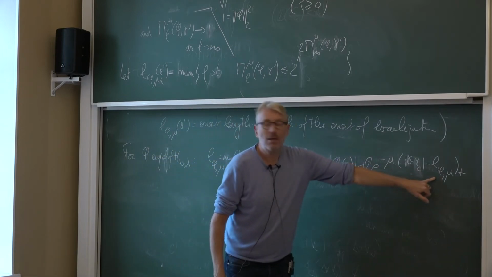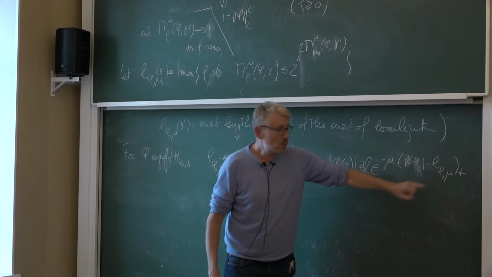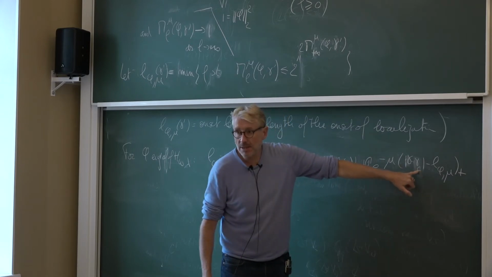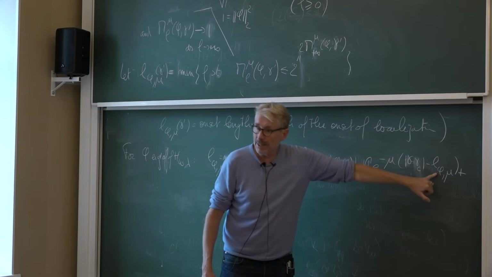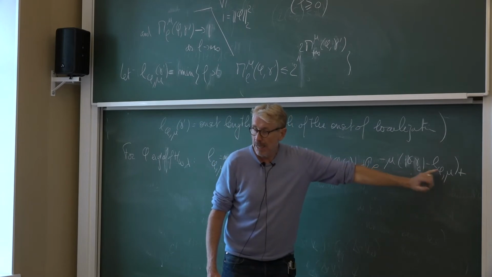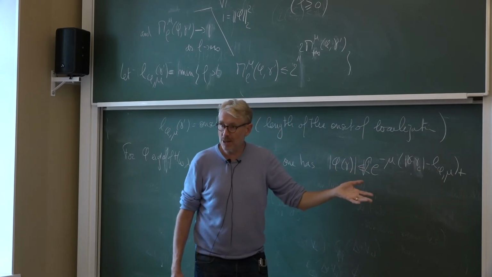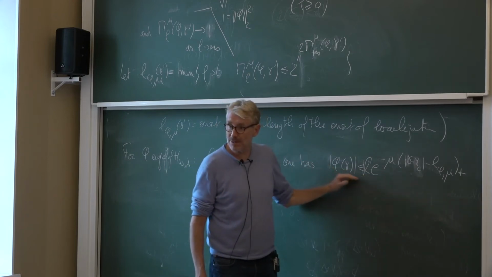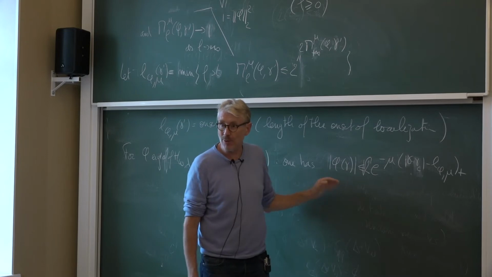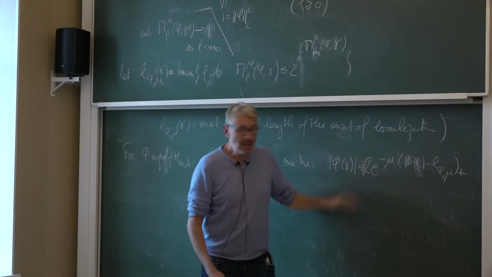When do you see this really decay exponentially? It's when you're outside the disk of center gamma c, radius L. In there, you don't see anything, just bounded by 1. This is a function with L2 norm 1, so it is bounded by 1. That's fine.